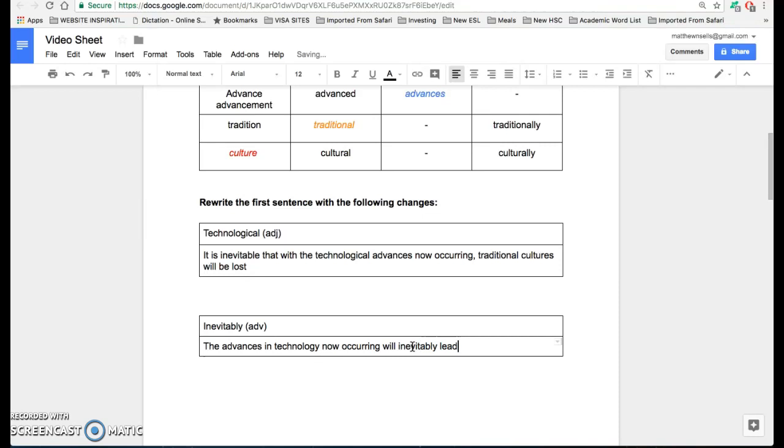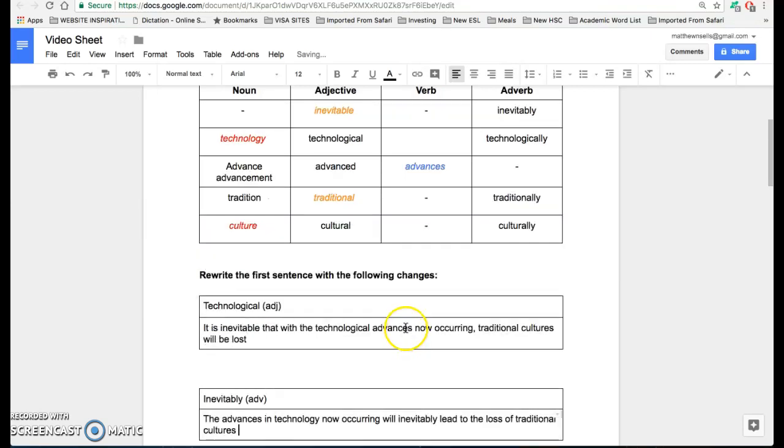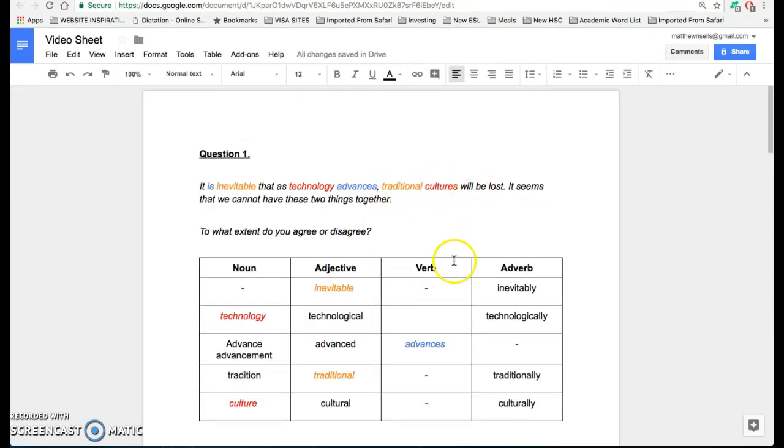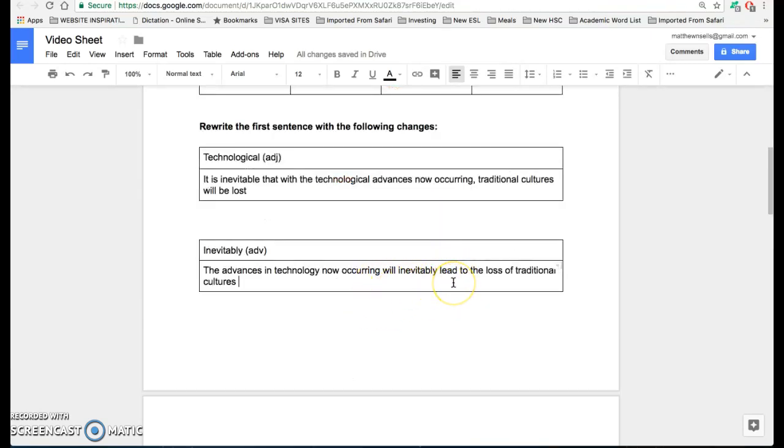Now lead is our verb here, so I needed to attach it to a verb. Inevitably lead to the loss of traditional cultures. Now instead of it saying traditional cultures will be lost, it will lead to the loss. So I've actually changed loss to a noun instead of a verb. So you see how by changing one word, it's often necessary to change others.